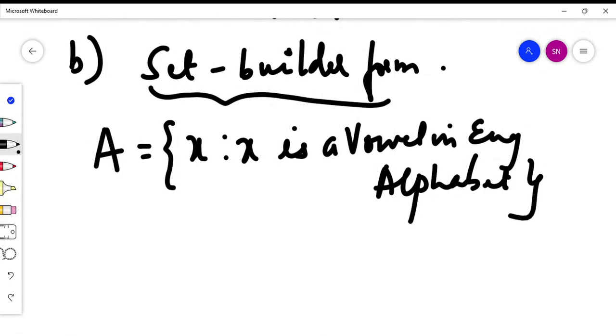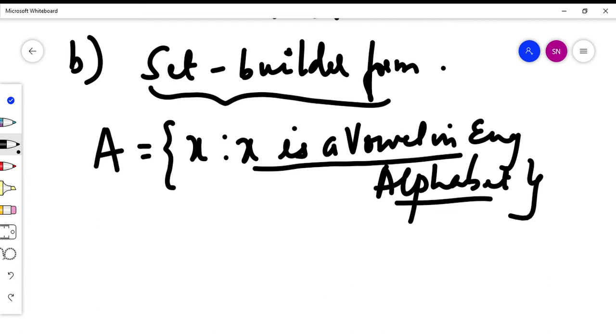So how do I read this? Here, I'm interested in talking about only one character. So if I write a statement inside, it will not make use of elements other than vowels. How is this format read? Set A is equal to set of all x.